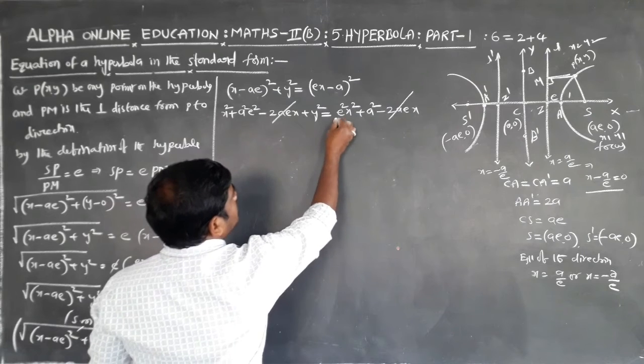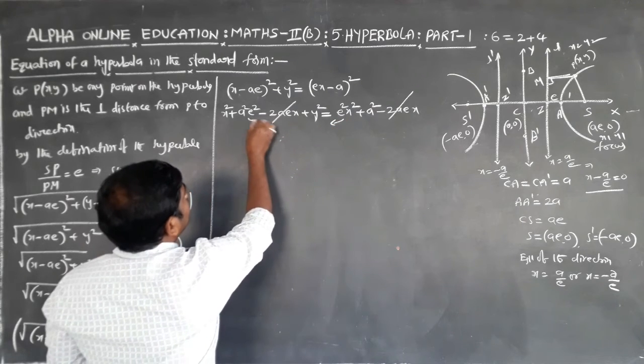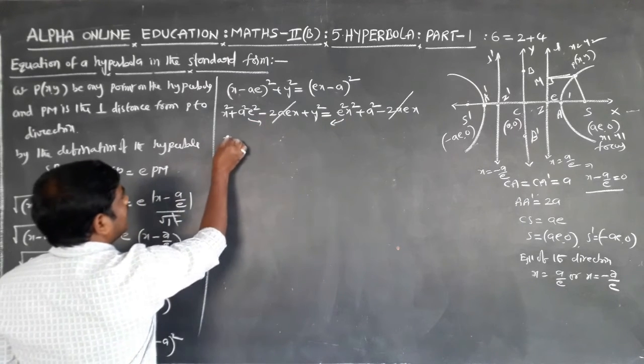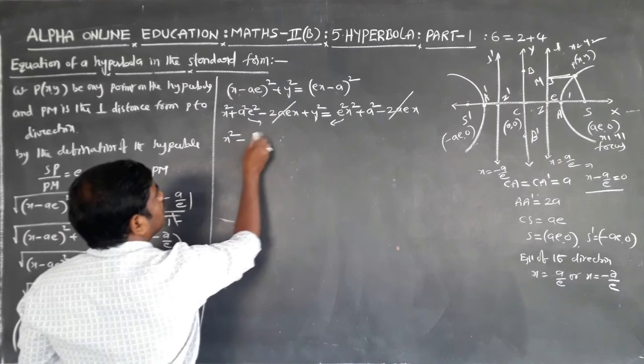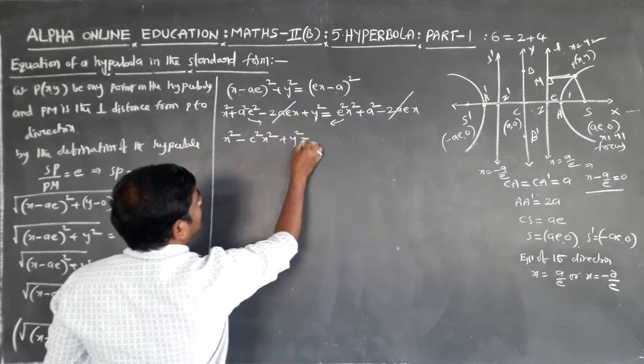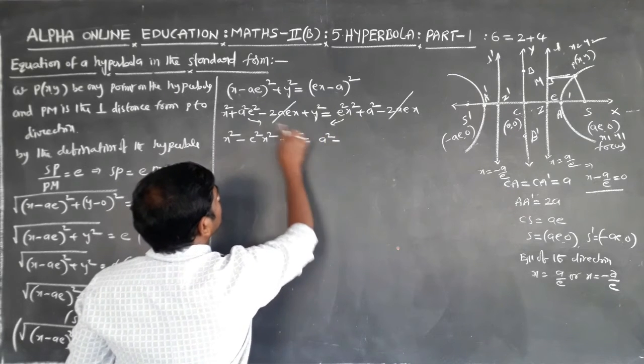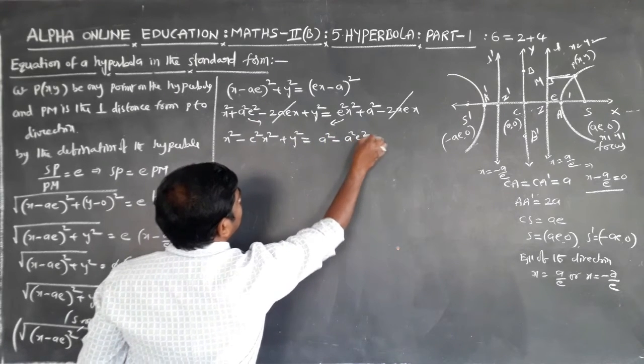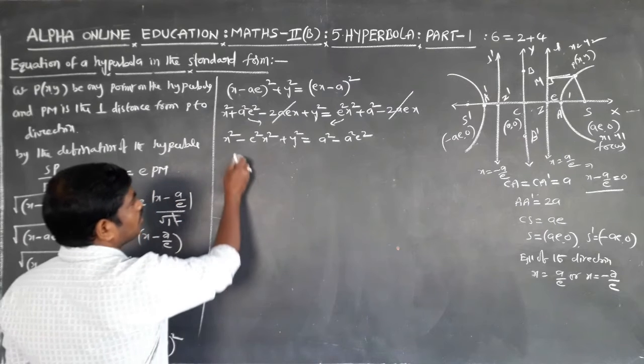Taking e square x square to the left side and a square e square to the right side: x square minus e square x square plus y square is equal to a square minus a square into e square.